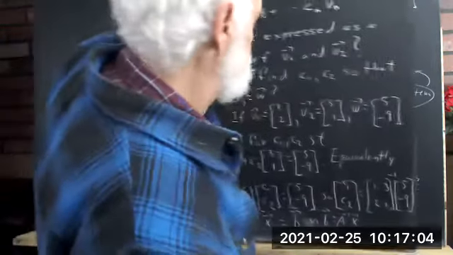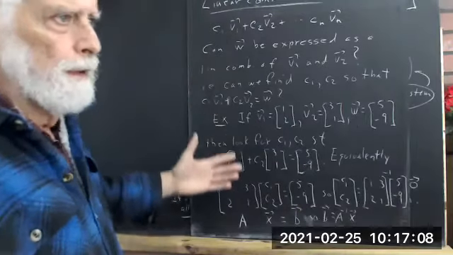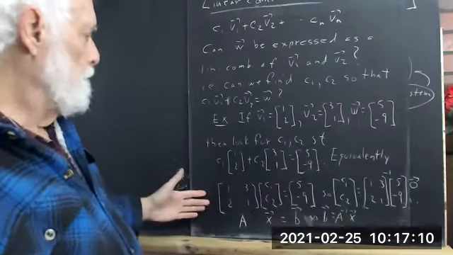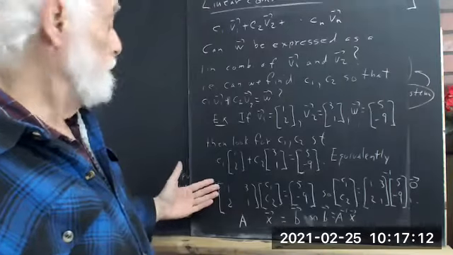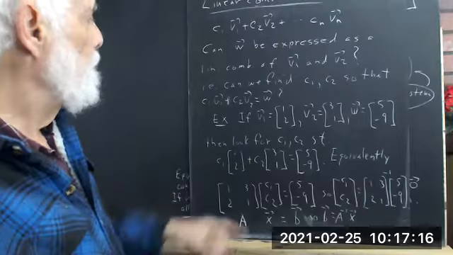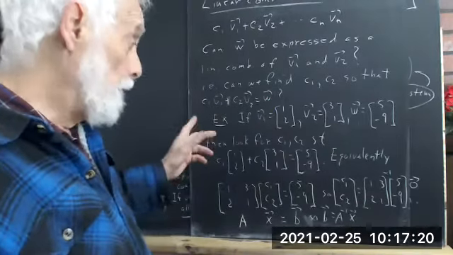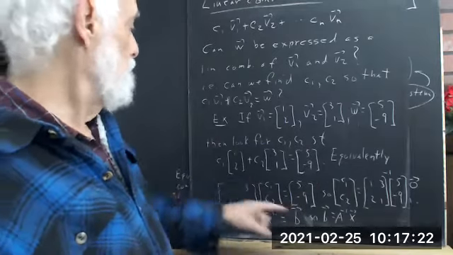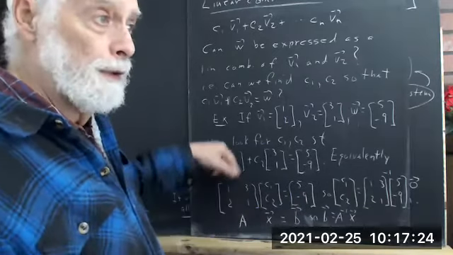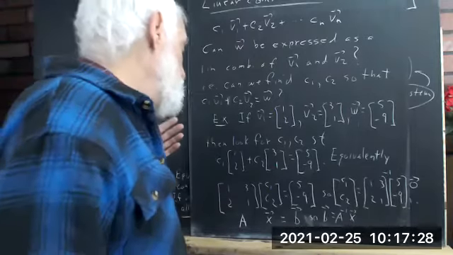Remember, everything I've said can be pretty well understood in terms of this one example here. These two vectors are linearly independent because the matrix consisting of those vectors as column vectors is non-singular.